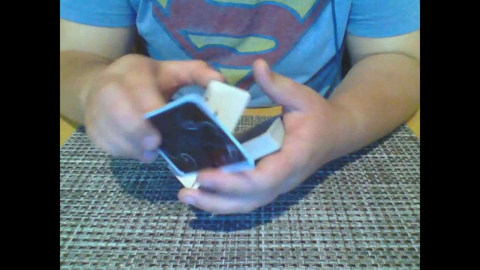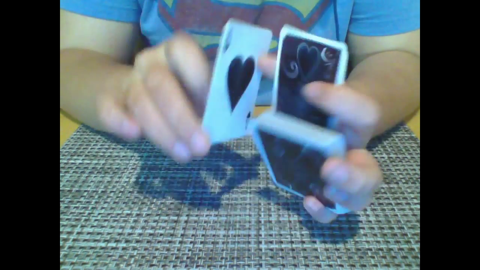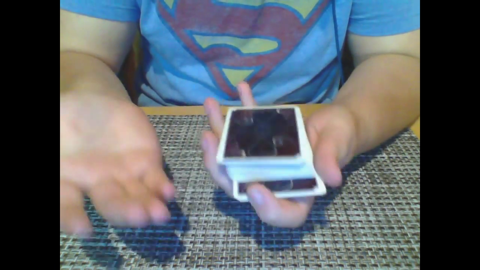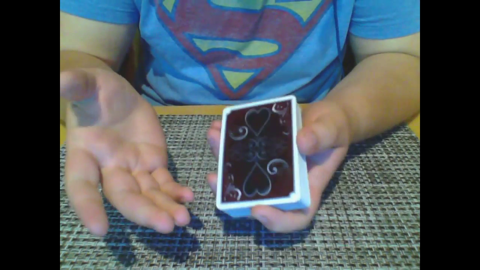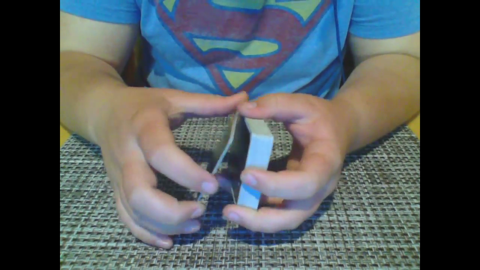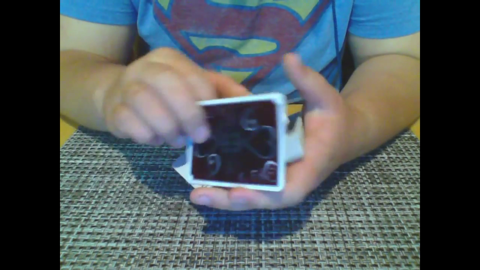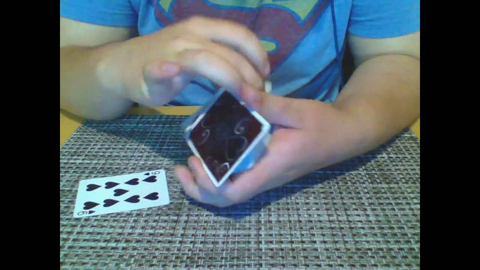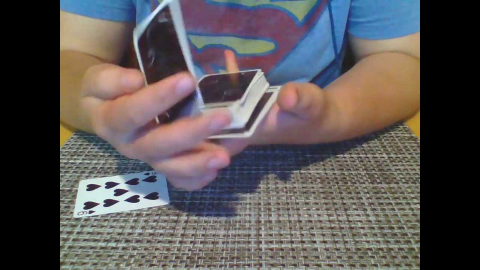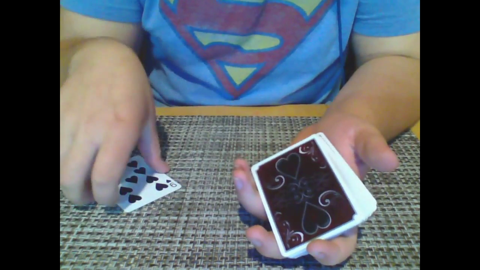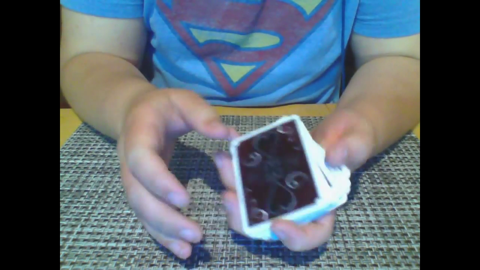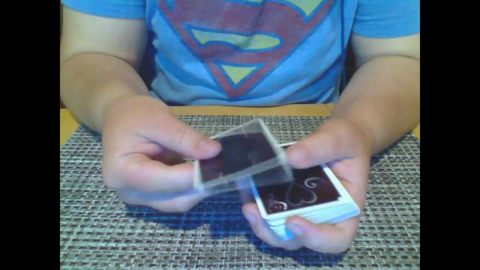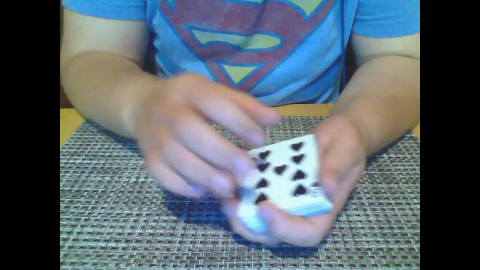Even when you do quite quick and spinny motions, they stick together very well. And you see I didn't drop any cards, and that probably looked like it takes a lot of practice. It does, but with some other cards that I have, they do not stay together this well. And I just dropped one card, but that's probably my fault, not the card's fault. But anyway, these cards are very nice.